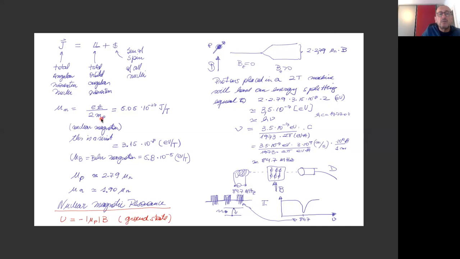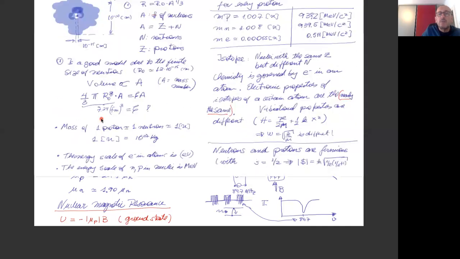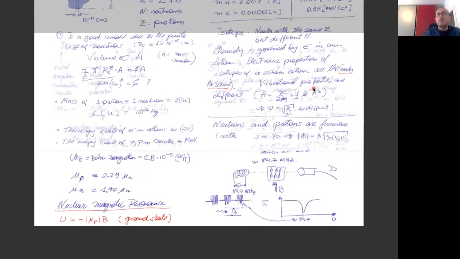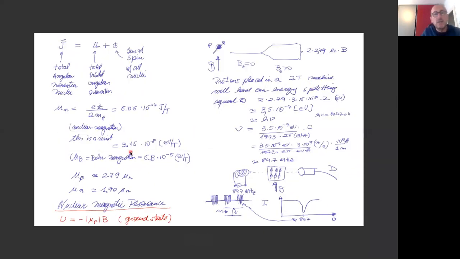But here we have to divide by the mass of the proton. The mass of the proton with respect to the mass of the electron is 2,000 times higher. So the proton is much heavier than the electron, even though they have the same charge. And how do we get this?